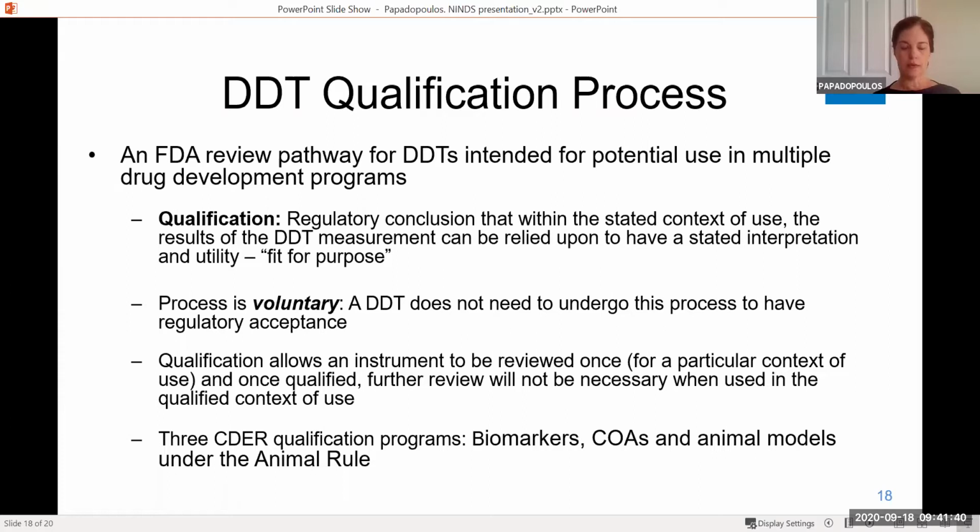The program allows us to qualify tools that will be publicly available for use in any drug development program in the qualified patient population and context of use without necessitating re-review by the agency. And there are 3 qualification programs currently, as shown here.